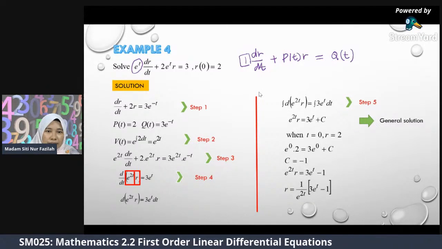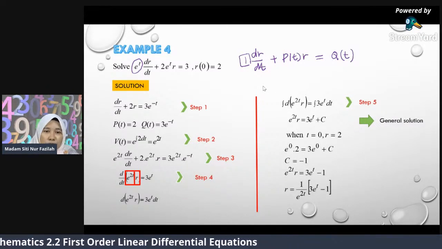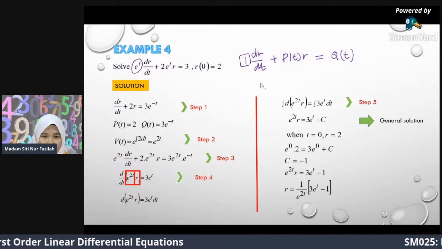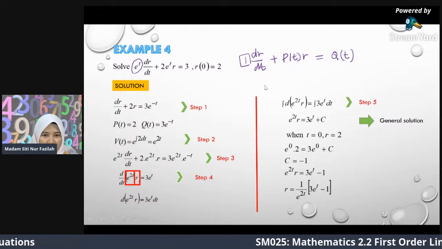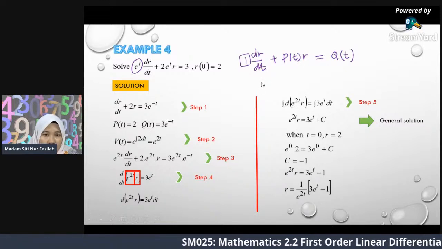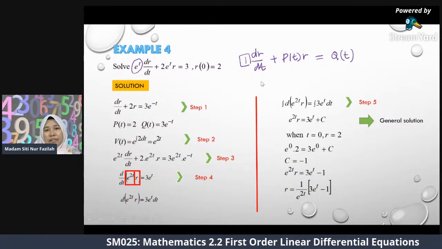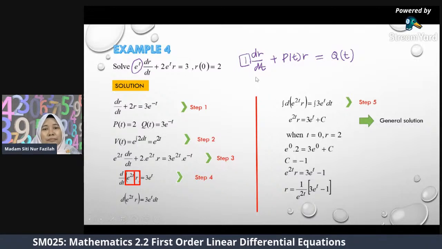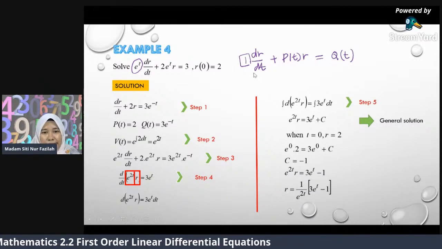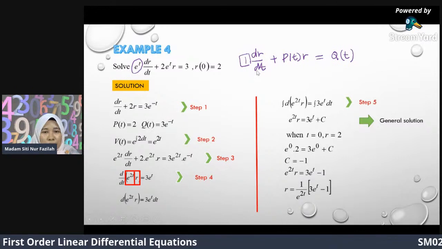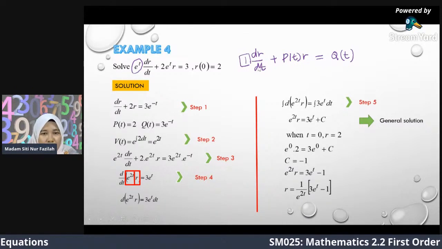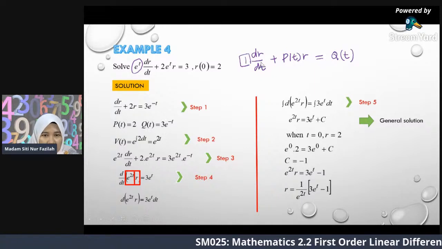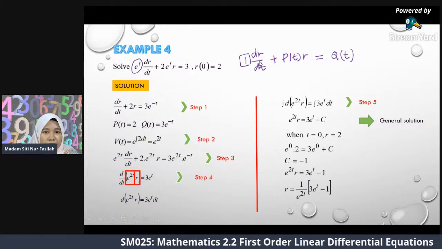And then e^(2t) r = 3e^t - 1. And then we express r in terms of t. We can get r = 1/e^(2t) times (3e^t - 1).